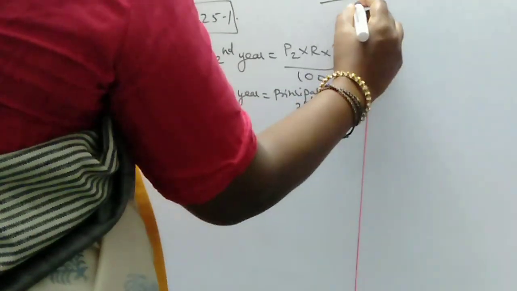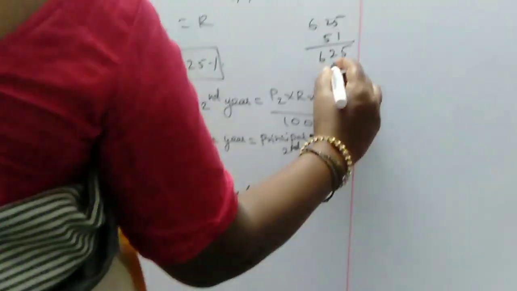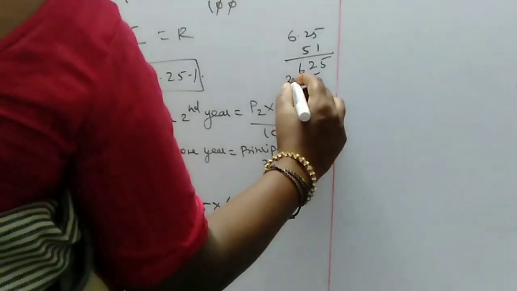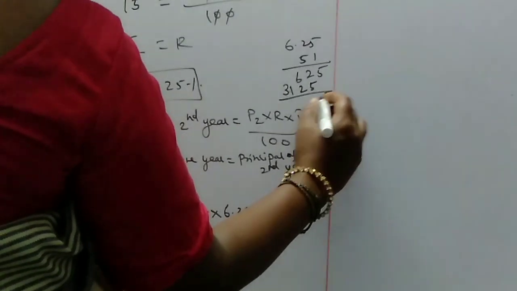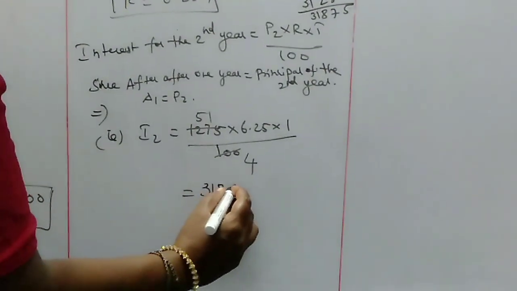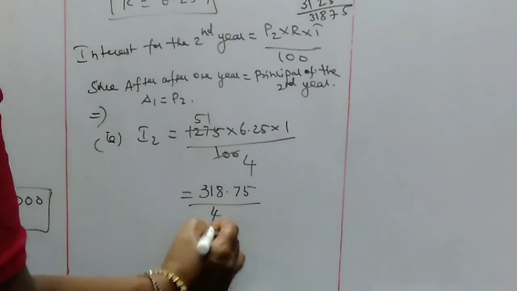51 times 6.25 gives 318.75, divided by 4.